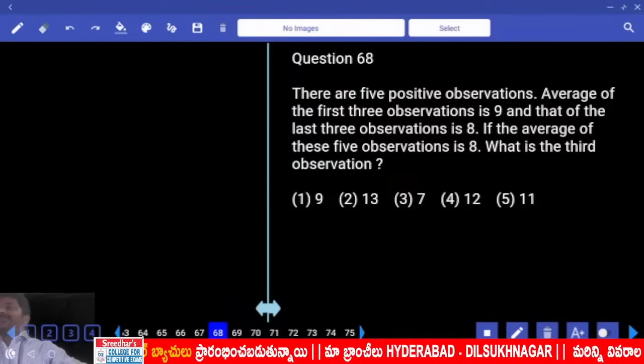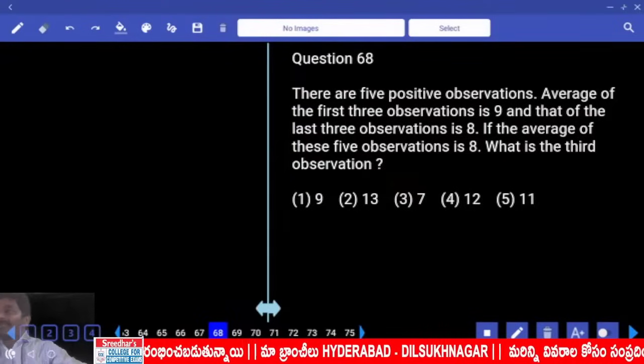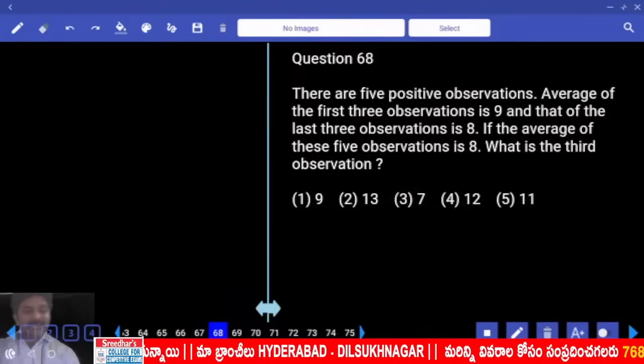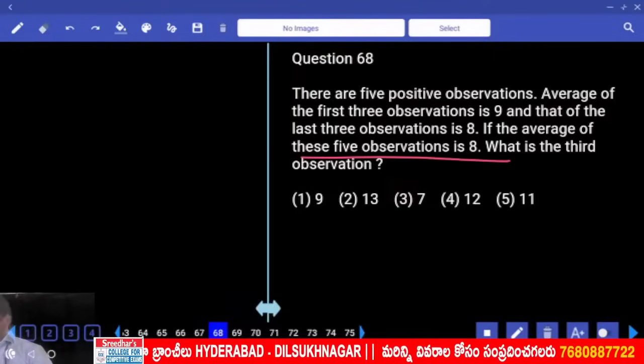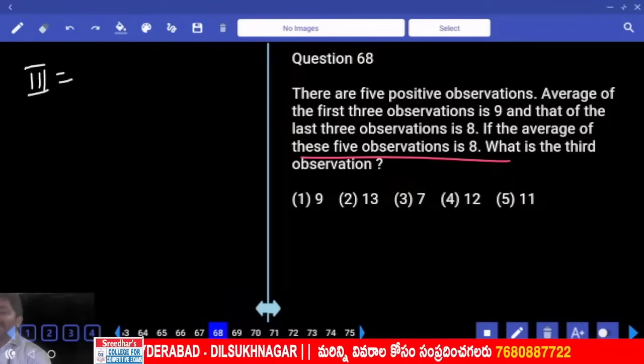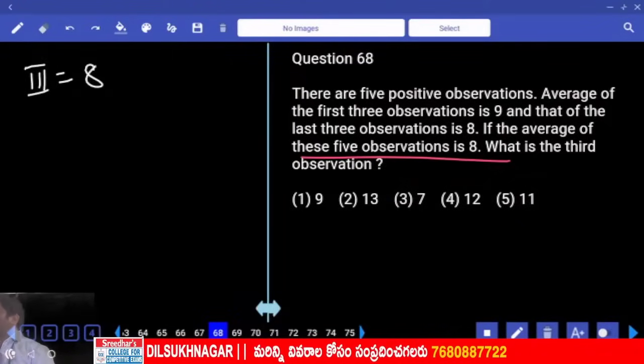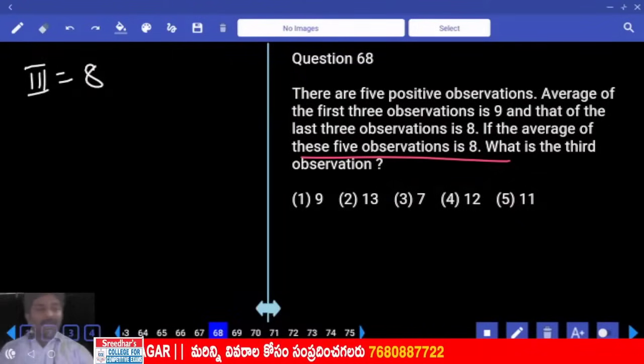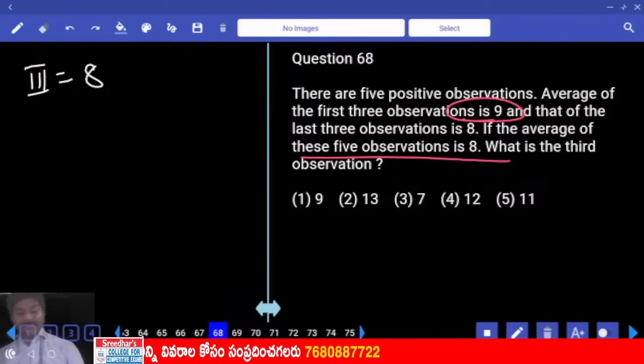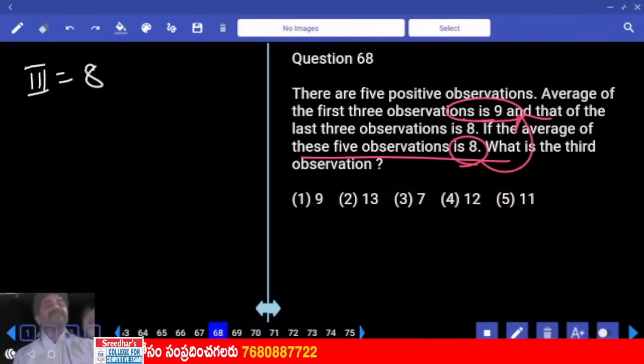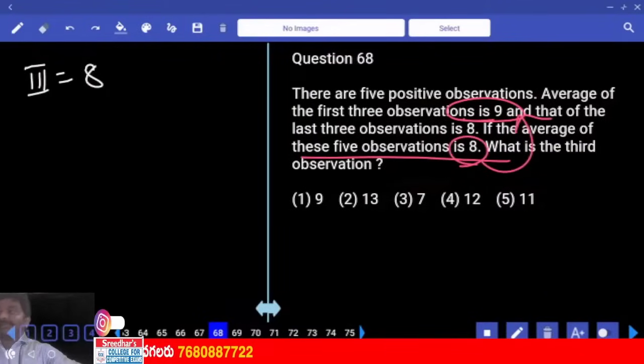Direct meaning if average is more, add. If average is less, subtract. What is the average of all 5 numbers? 8. Our third number is also equal to 8 according to the equality concept. Average of first 3 numbers is 9, which is 1 more than the actual average. 3 numbers are there, 1 into 3, 3 more.